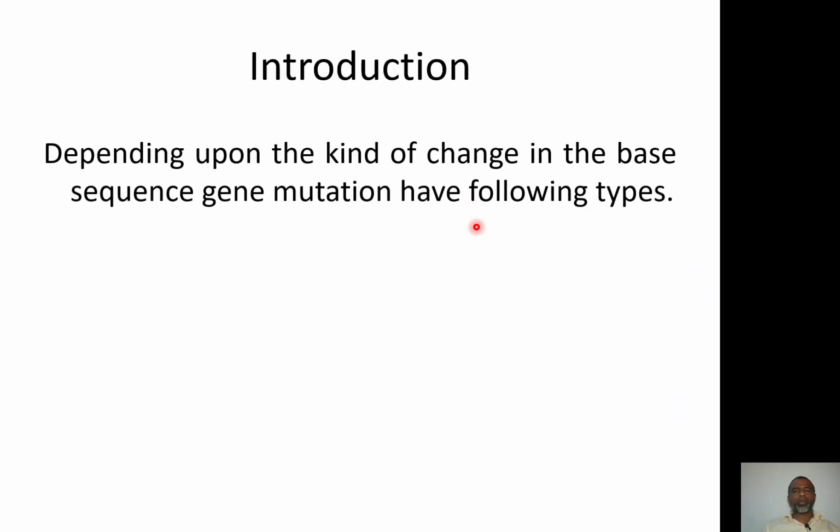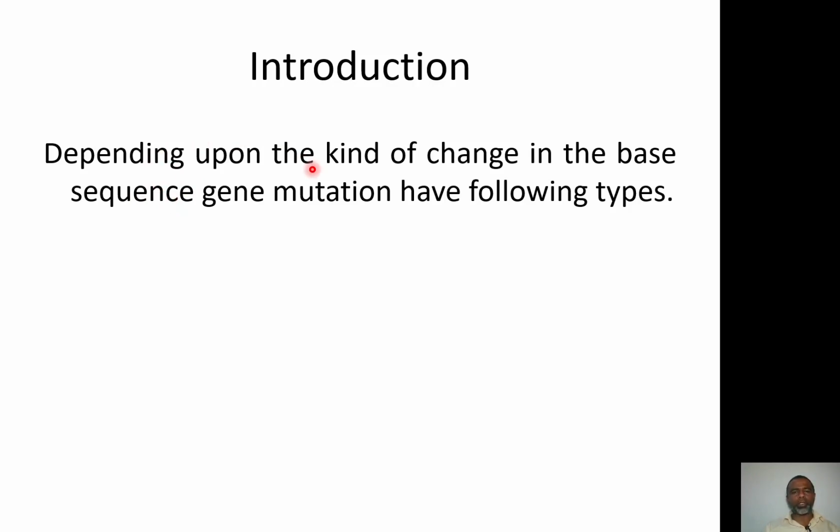First, try to understand some terminologies that are very helpful in understanding the mutation, depending upon the kind of change in the base sequence. You know that the bases of the DNA are mutated during the mutations.